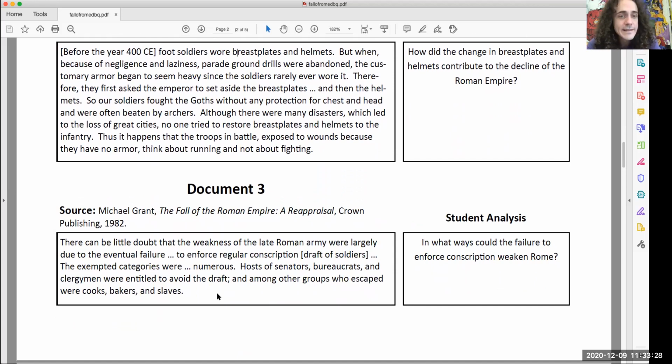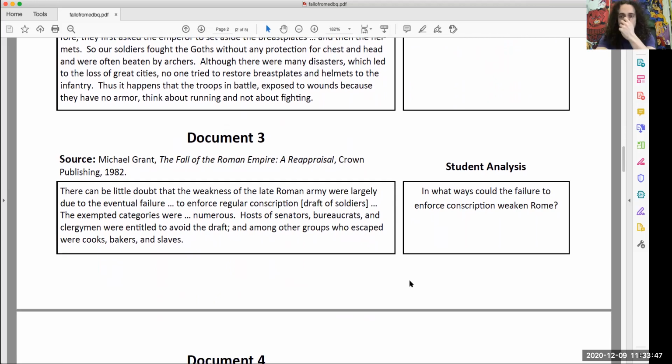This is published in 1982, so this is a modern historian. That doesn't mean that he's more or less accurate than the other historian, but something to keep in mind. This historian is looking at it with a more modern perspective. I'll let you read that. In what ways could the failure to enforce conscription weaken Rome, right?